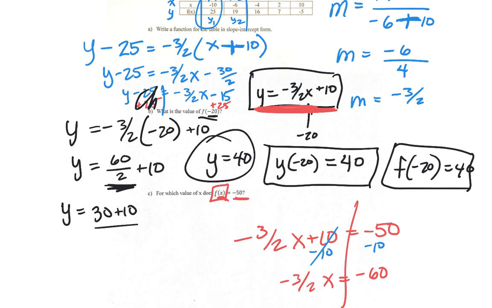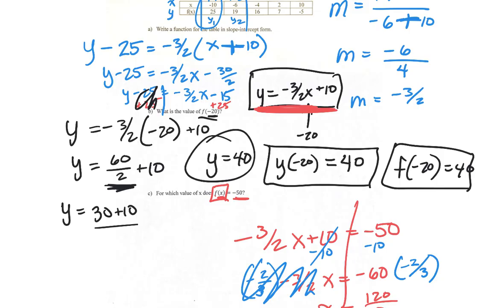And then remember, to get rid of a fraction, you multiply by the reciprocal. So instead of negative 3 halves, we'll have negative 2/3. That's how we get rid of a fraction. X equals, and remember, a negative times a negative is a positive. That's going to be 120 over 3, and 120 divided by 3 is 40. So that'll happen when x equals 40.